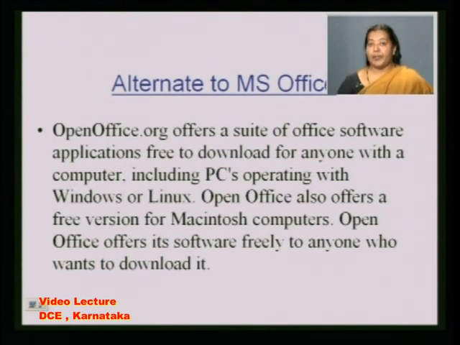So you can use these office tools as software on a computer, and then you can do office automation. So in order to do office automation, what is required? We require computers, a collection of computers, that is a LAN, then email facility, internet facility, and then we need software.